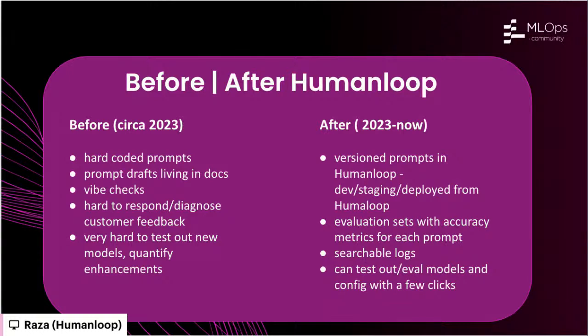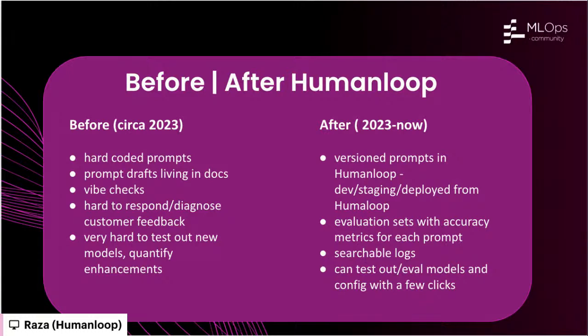So when we started in the early days in 2023, when the recent generation of all the new generative AI models came out, we started like a lot of people do, and I believe a lot of people are still in this pattern. We started with hard-coded prompts and code, very hard to change, update, and know what changes had impacts.